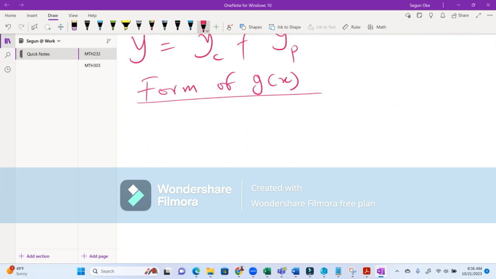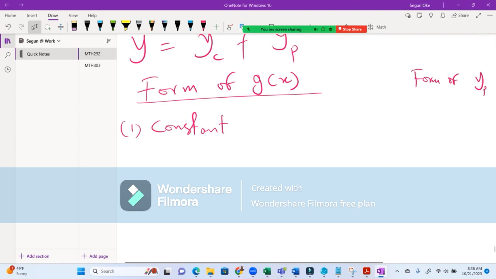Let's start from one. Number one, constant. If the form of my g of x is a constant, I will give us examples when we get there. This is the form of g of x. The other one is the form of yp, the y particular that we follow.